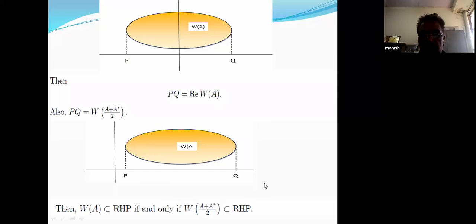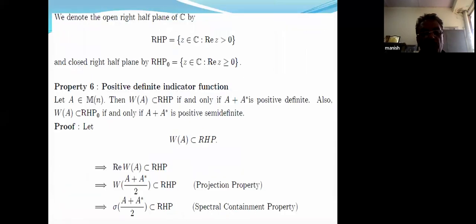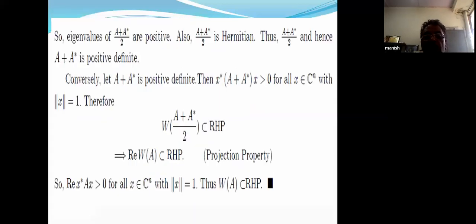This means the eigenvalues of (A plus A star) by 2 are also in the right half plane, meaning they are positive. Also (A plus A star) by 2 is a Hermitian matrix. So A plus A star is positive definite.